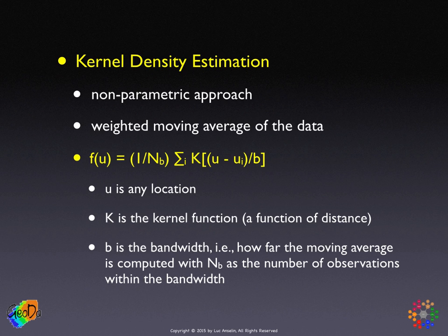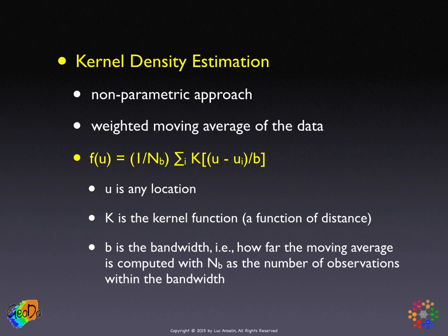The bandwidth would be 5. The 4 points would be the 4 i's that you count, and the k would be average. So then that would be a very simple uniform kernel function where you take the values at these 4 adjoining points and summarize them in the kernel function. And then you assign the value of the kernel function to location u. And then you move the kernel over to another location and repeat the same process.